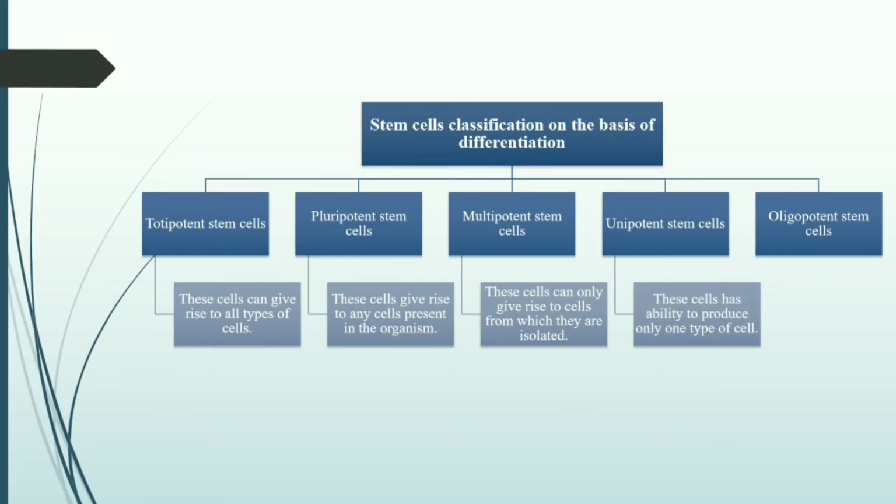Unipotent stem cells are the cells which have the ability to produce only one type of cell. Oligopotent stem cells can only differentiate into a few types of cells.